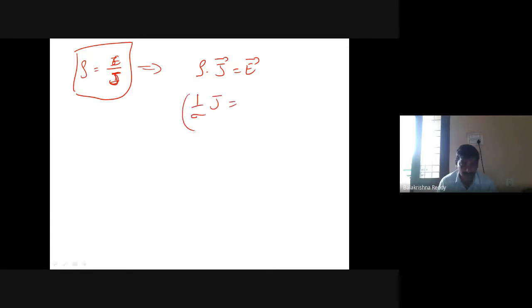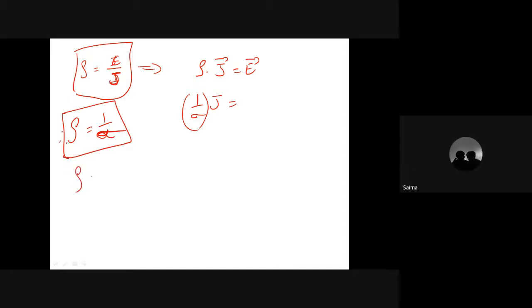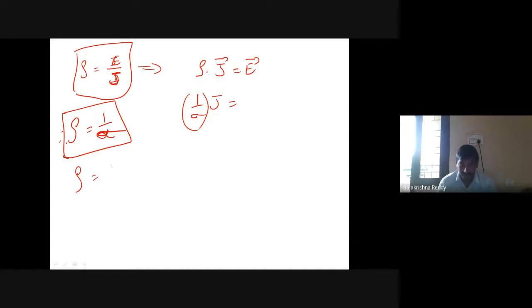Again you will ask what is this, right? Who is sigma? The reciprocal of resistivity. Conductivity. Exactly. This is conductivity, and its symbol is sigma.